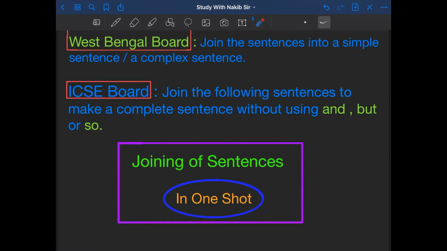In section C, how the given sentences can be combined into a complex sentence is discussed, and section D is exclusively for the ICSE students. Here a few important coordinate conjunctions and their uses in joining of sentences are discussed.